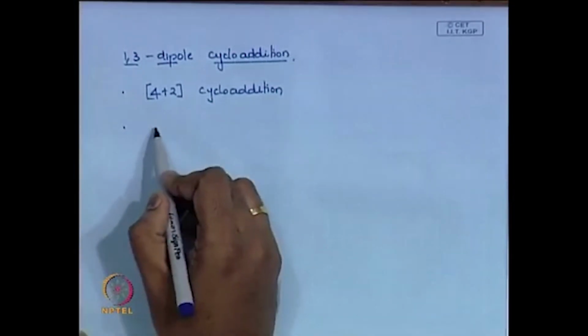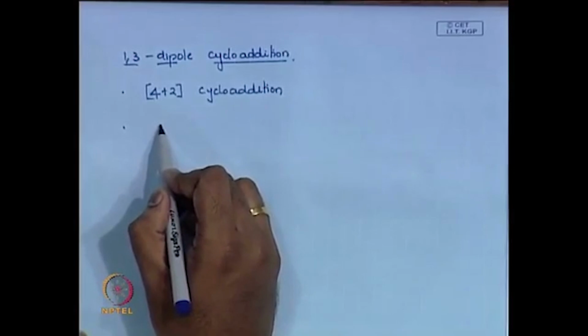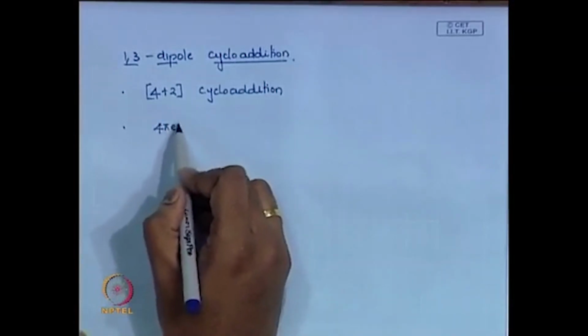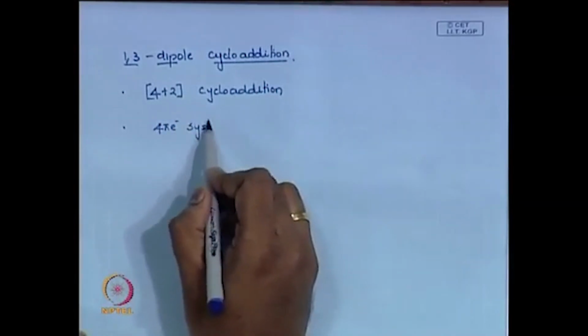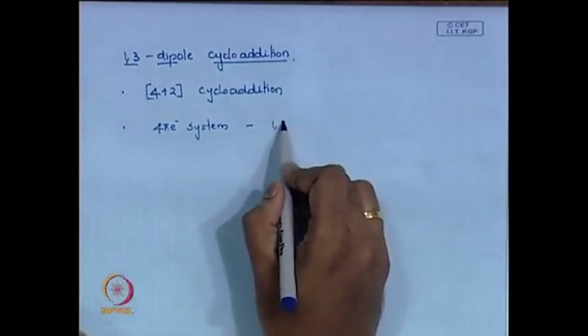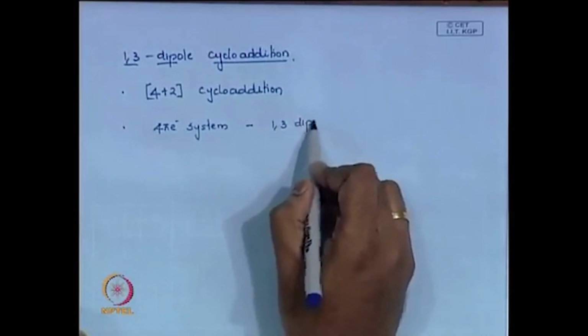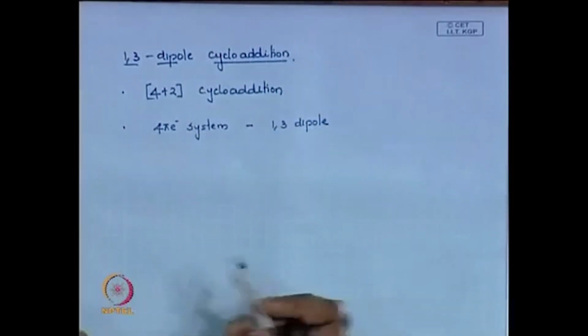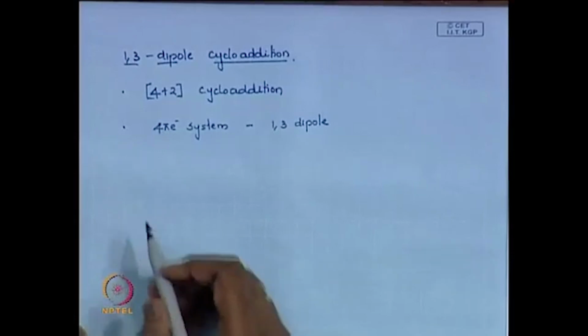The second point is that your 4 pi electron system, you call them the 1,3-dipole, which is similar to your diene, okay.